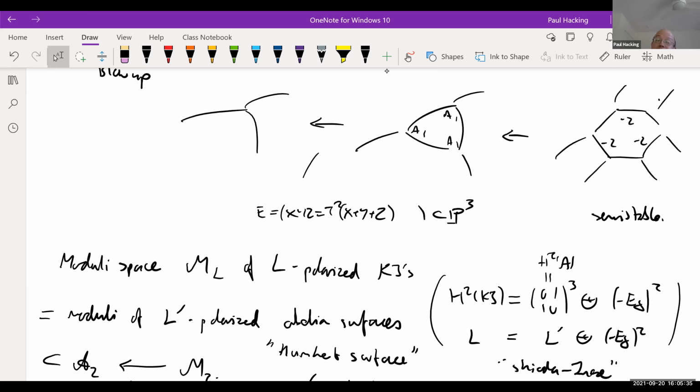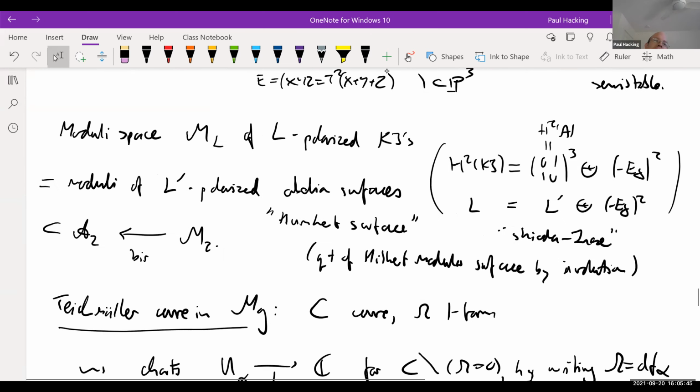So we can just look, in fact, at moduli space of abelian surfaces polarized now by a rank 2 lattice. And that's something that was very classically studied. It's what's called a Humbert surface, or what's the same thing, it's the quotient of the Hilbert modular surface studied by Hirzebruch by the Galois involution. So there's an involution.